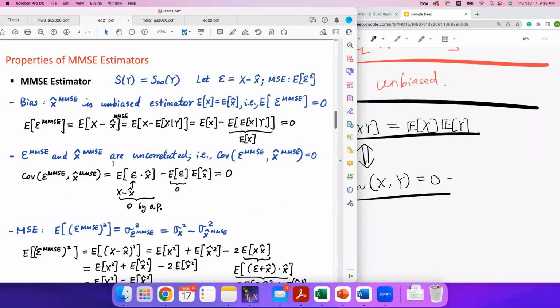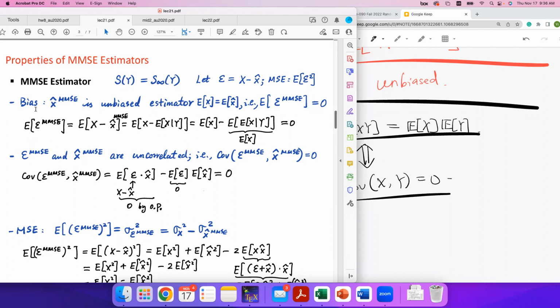By the definition, the covariance is the expectation of the product between the error random variable and your estimator x hat. Here I ignore the superscript MMSE. This is the correlation minus the product of their individual means.